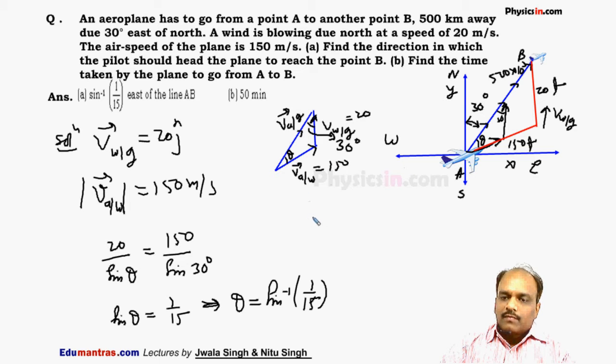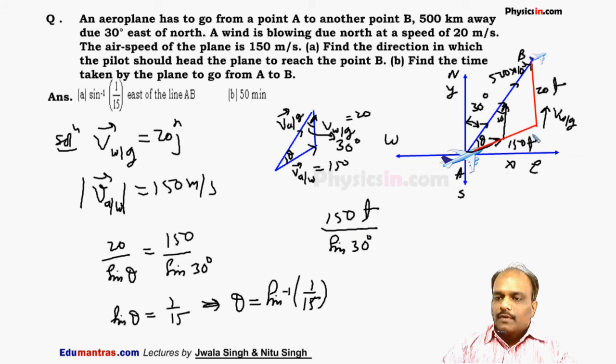So by using sine rule we can say 150t by sine 30, because this is 30 degree, is equal to 500 into 10 to the power 3 divided by sine of this angle, and we know this angle is pi minus theta minus 30 degree.